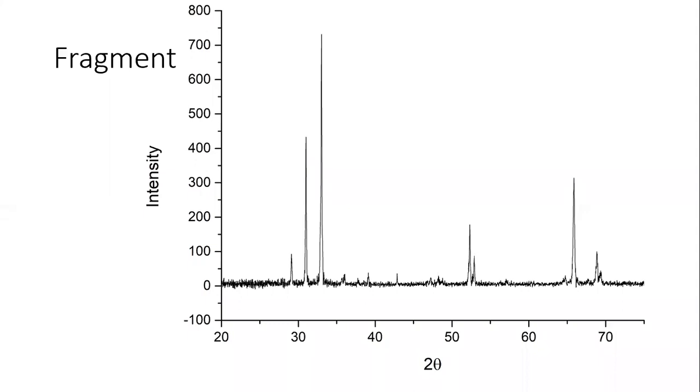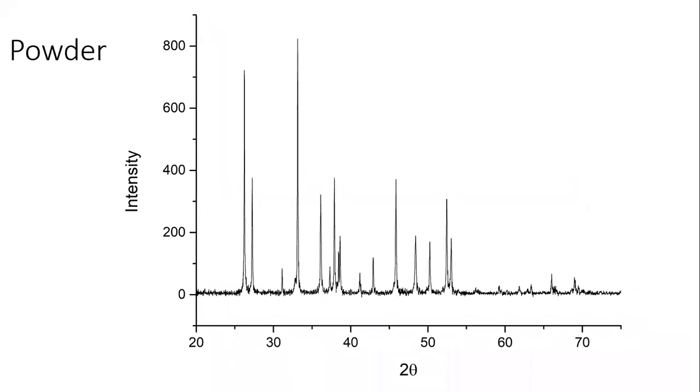They analyzed the seashell that I showed you earlier in a fragment. So first they analyzed the whole fragment of the seashell. Then later they crushed down the seashell and they analyzed the powder.